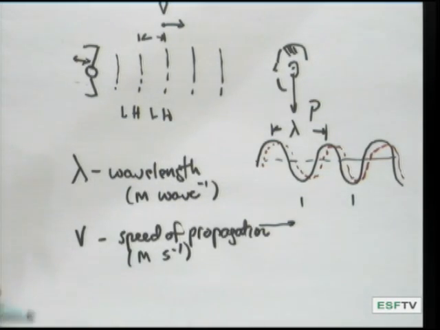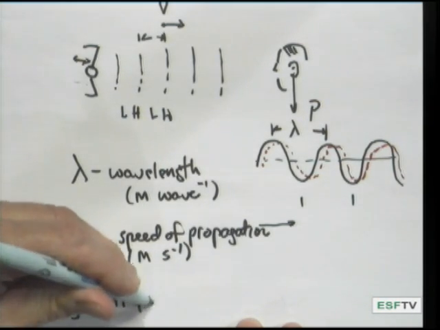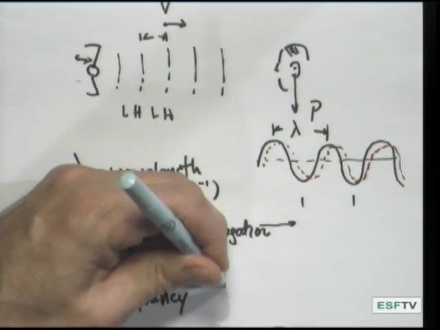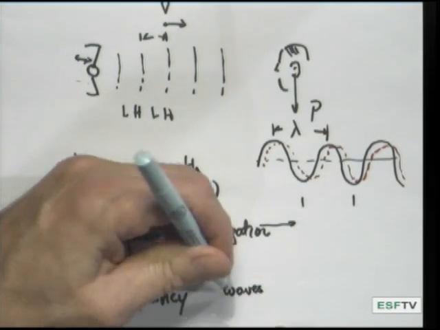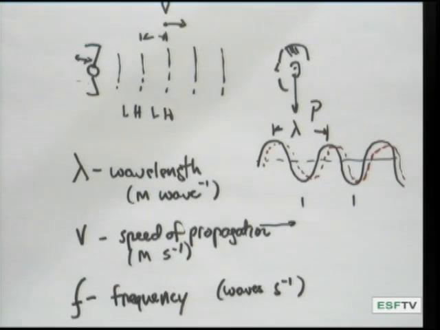And then finally we have this other quantity that's related to the two, the frequency of propagation. And this has the dimensions of waves per second. That is, how many waves per second will go past this fixed point.